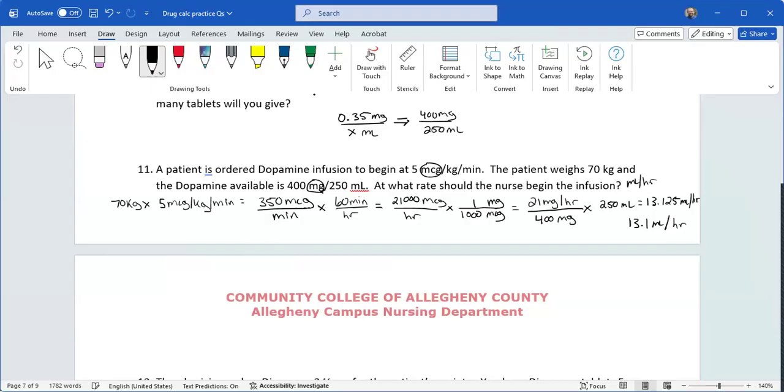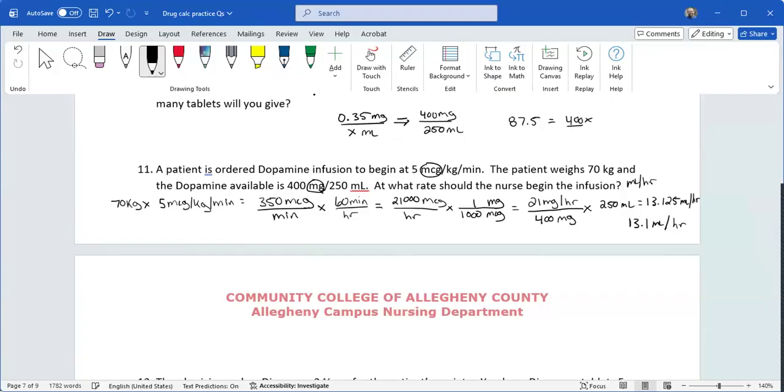So it was like 0.35 times 250. So it was 87.5 equals 400x. And then divide both sides by the 400. And I don't know where to go from there.